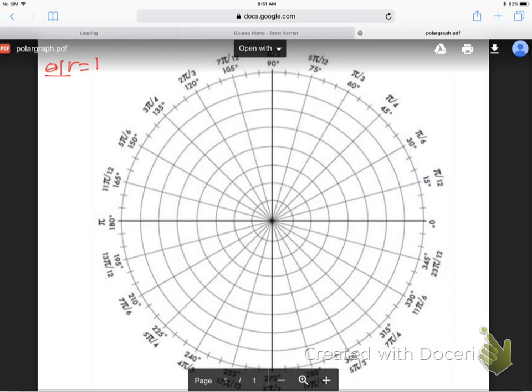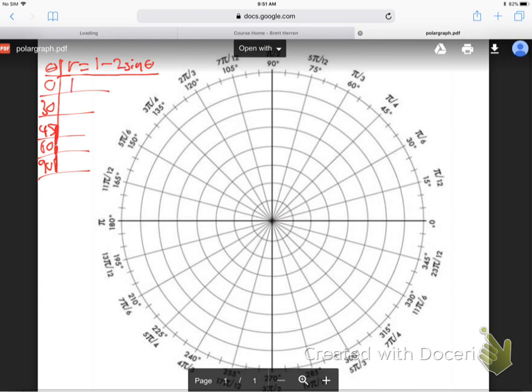Theta, r equals 1 minus 2 sine theta. Let's put in 0, 30, 45, 60, 90. Let's just plug them in, see what happens to our values here.